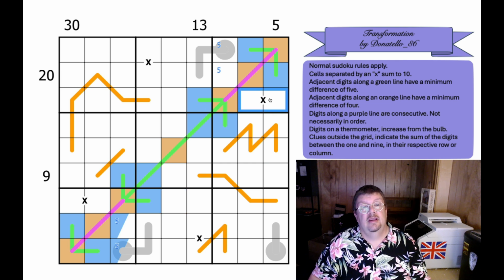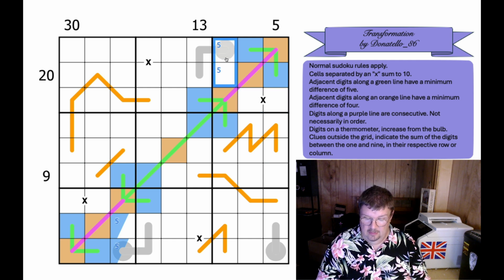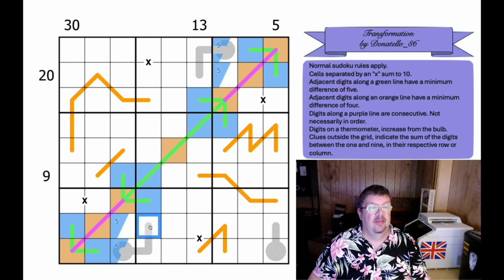So again, over here, we have a high digit and a low digit. So this must be a low and a 5. Okay, now if we look at this digit here, if this were a low digit, this would have to be lower than it.